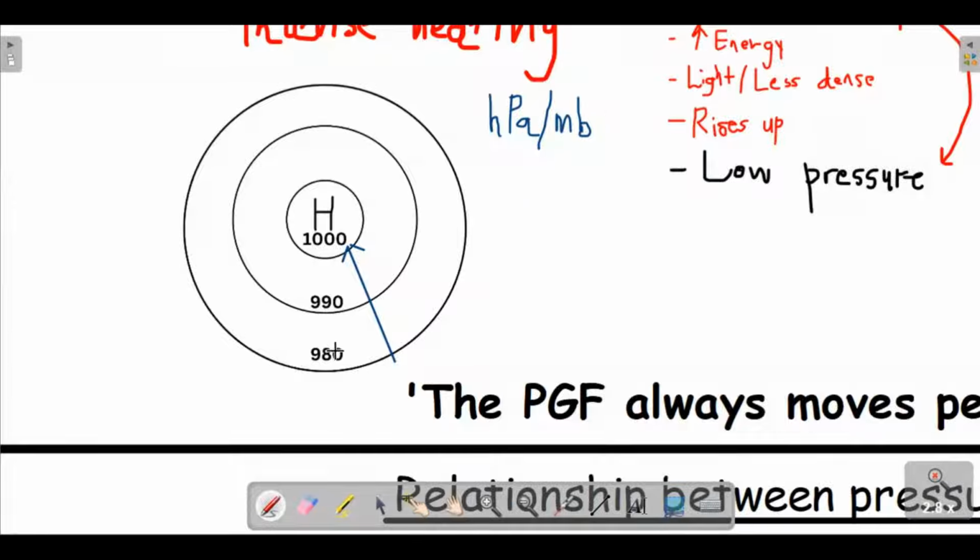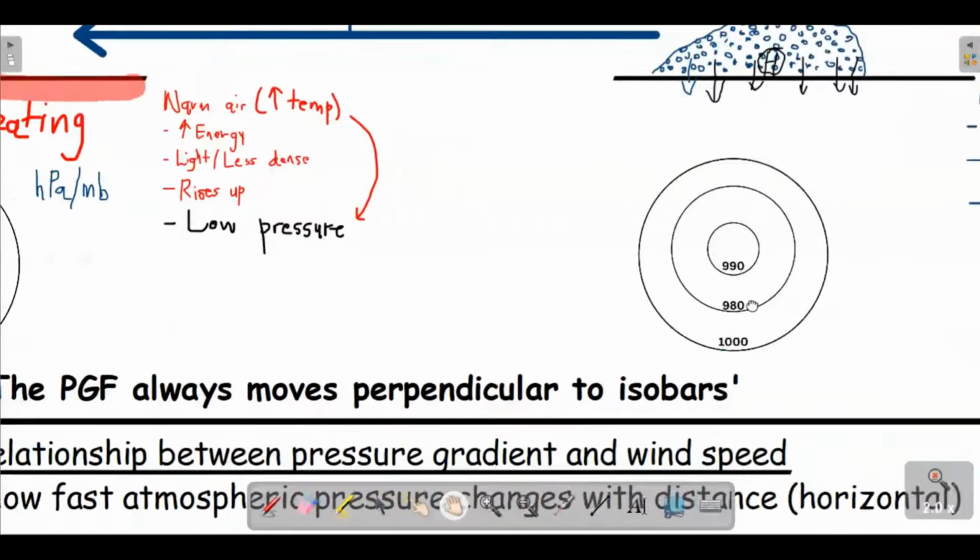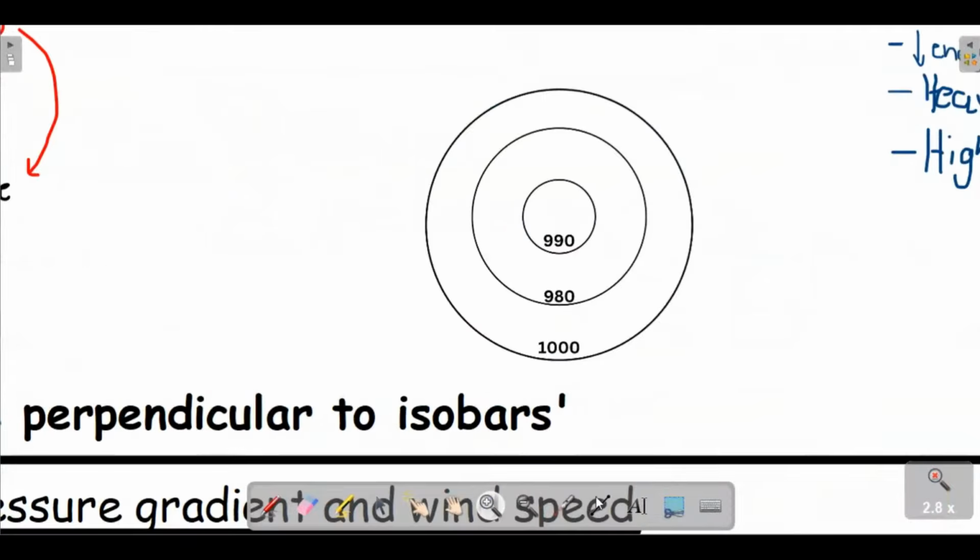So the pressure is increasing, and this means that the highest pressure is right over there. So this is a high pressure cell. So you should expect these type of questions even in the exams. And on this side, we can tell that we went from 1000 to 980 to 990, and so this is your low pressure cell. This is a low pressure cell.